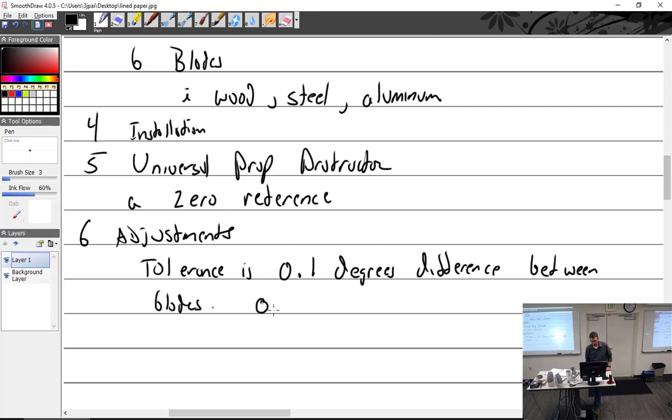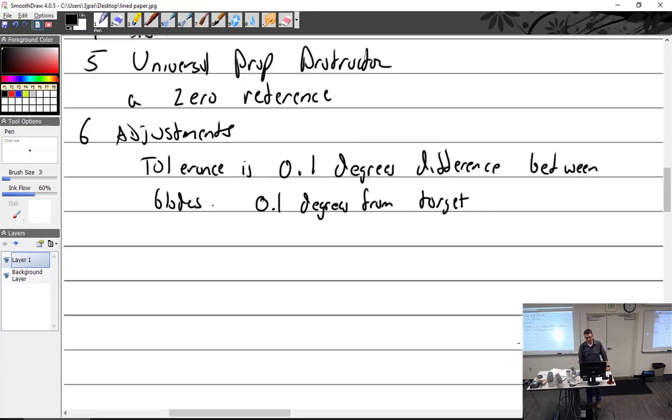And it should be 0.1 degrees from target. So in other words, if I wanted exactly 20 degrees, then it could be as much as 20.1 and as little as 19.9. So if that was my target, yeah, plus or minus 0.1.